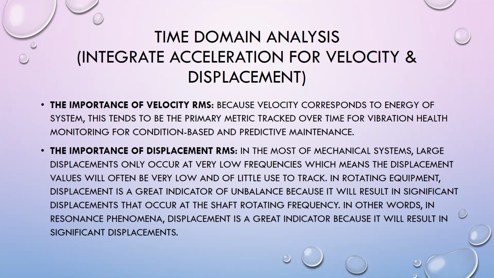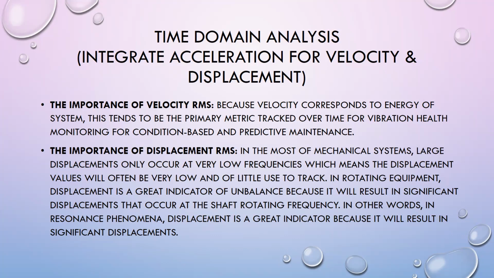I mean, when you have the data and you do the time domain analysis, you can see that we have a very huge, for example, peak in your displacement, and especially in your displacement RMS, you will see a huge value and a huge jump.